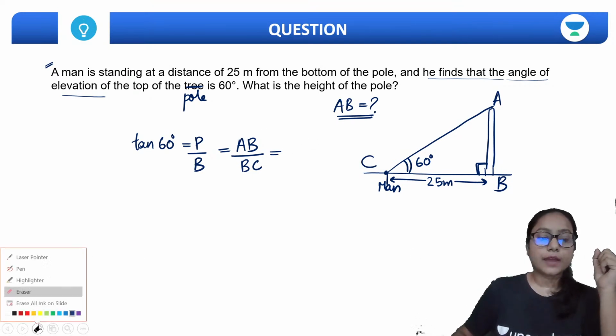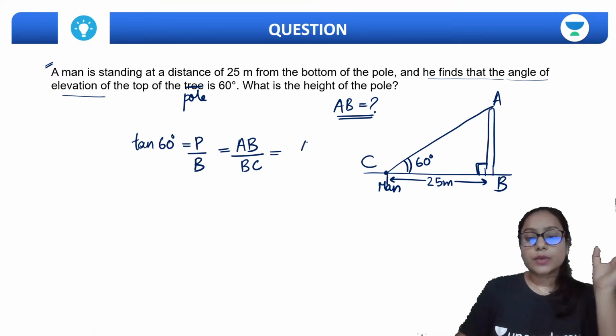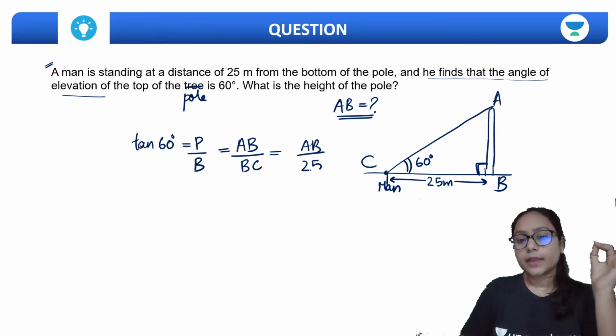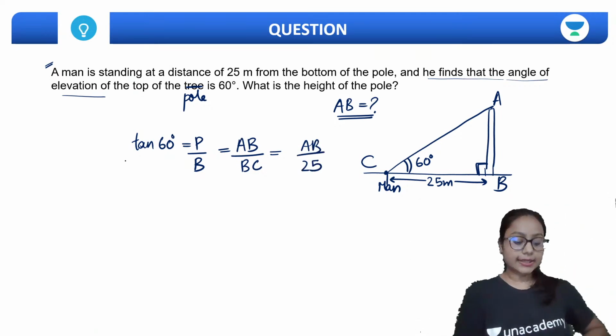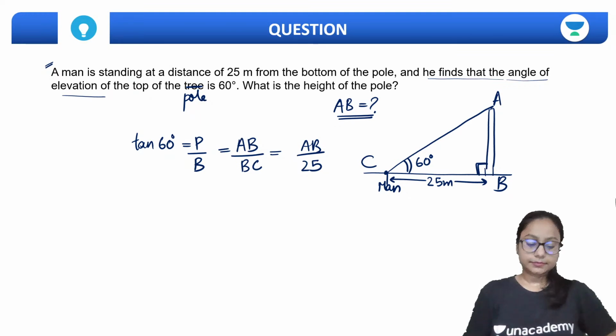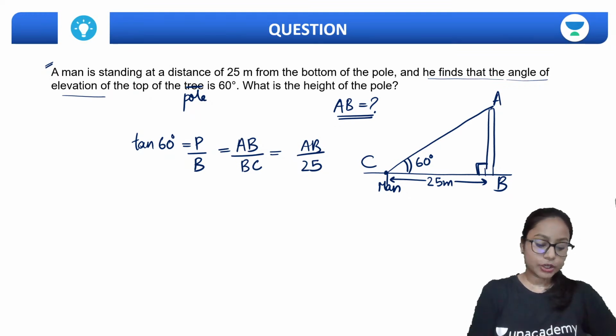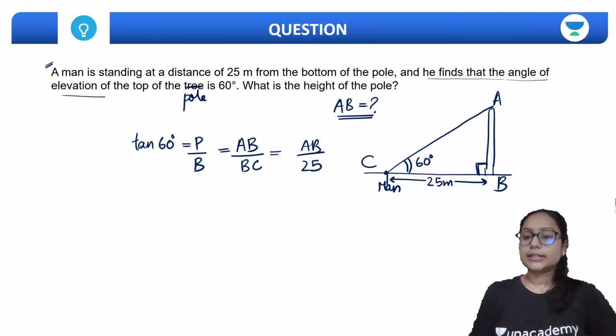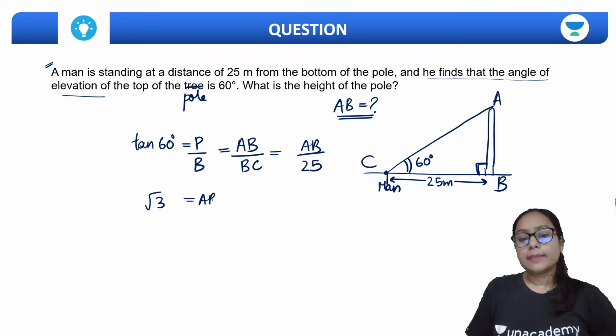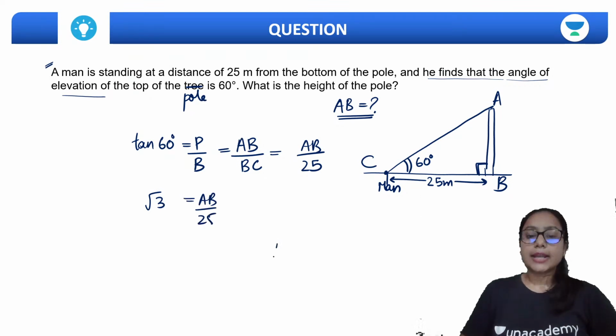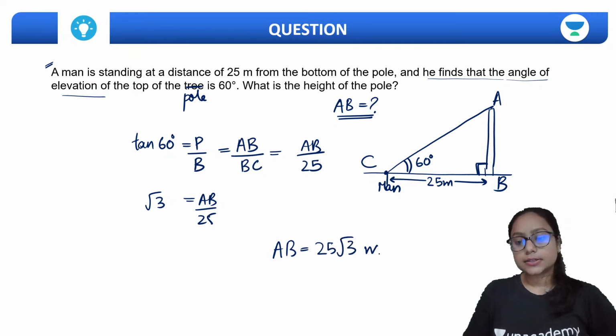So AB upon 25. What is the value of tan 60 degrees? It is root 3. So root 3 is equal to AB upon 25. What is the height of the pole? Height of the pole is 25 root 3 meters.